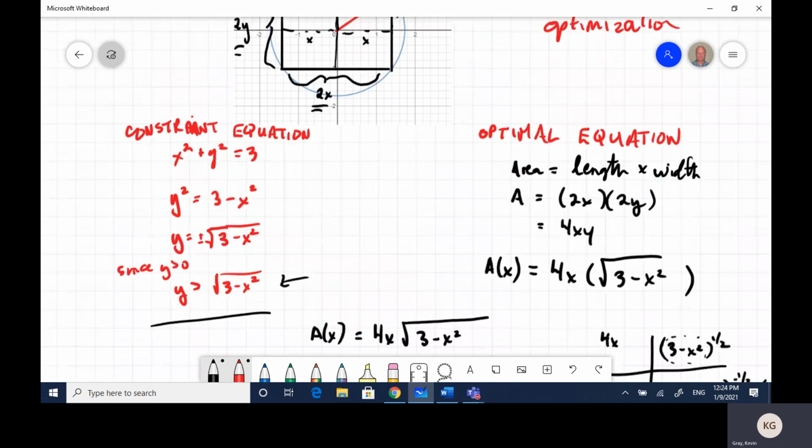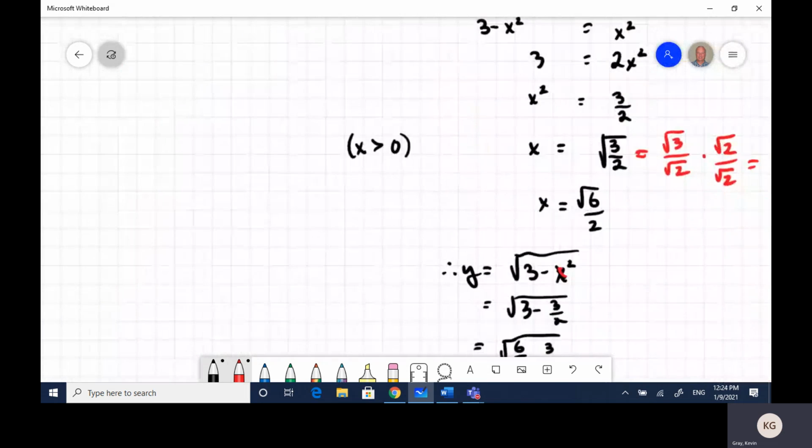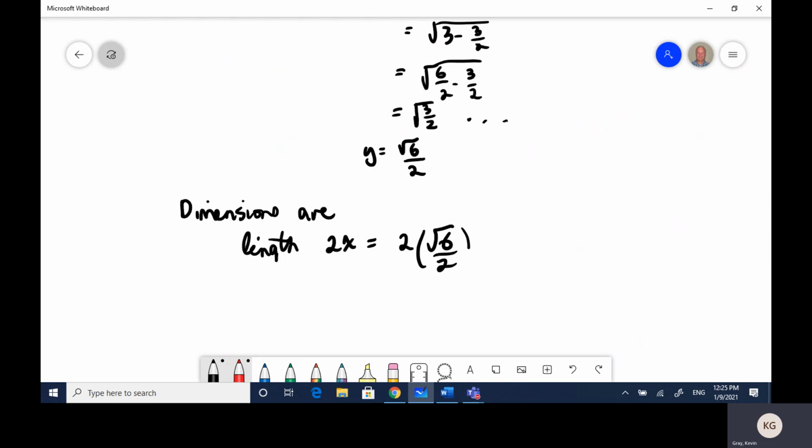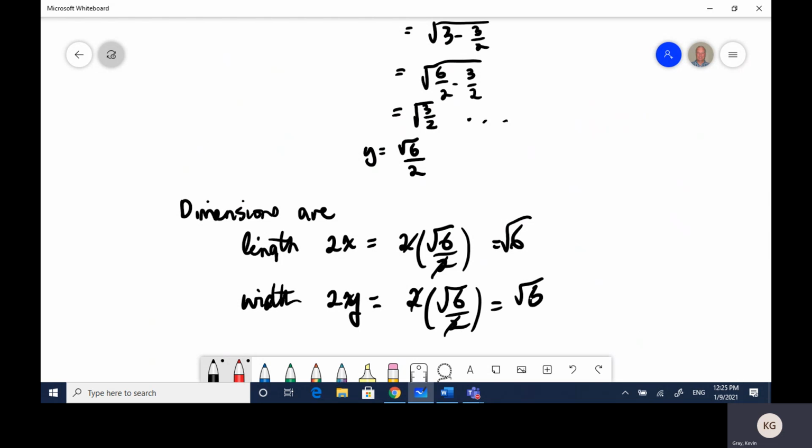So my dimensions, I actually have to double. For the length, I'm just going to call that 2x, and that's 2 times root 6 over 2, root 6, and the width is also 2y, and that's root 6.